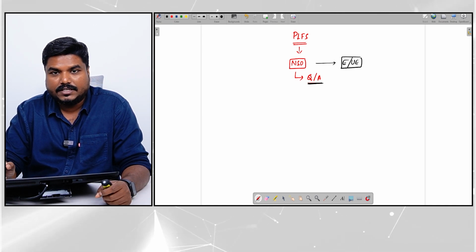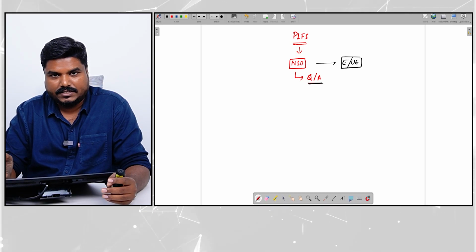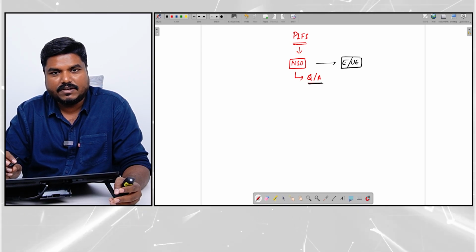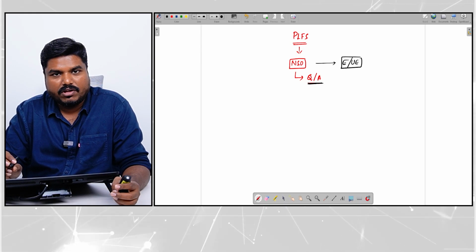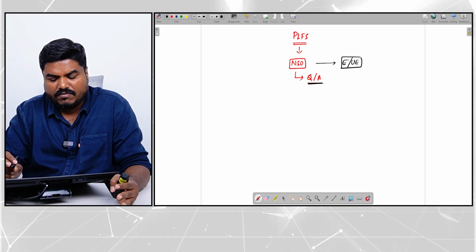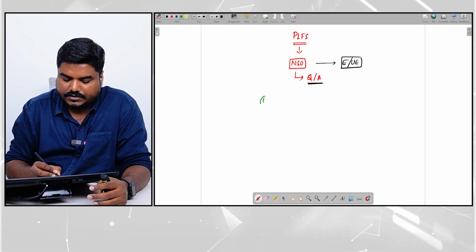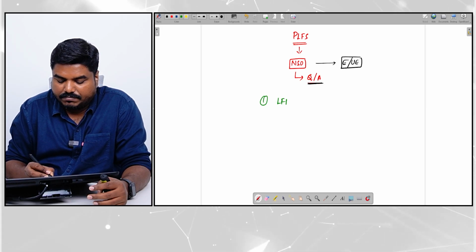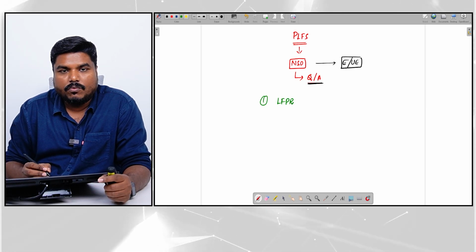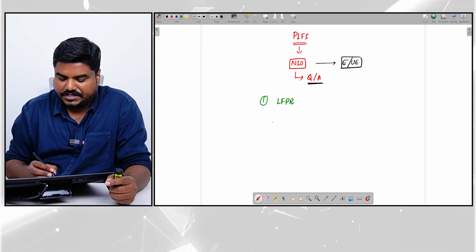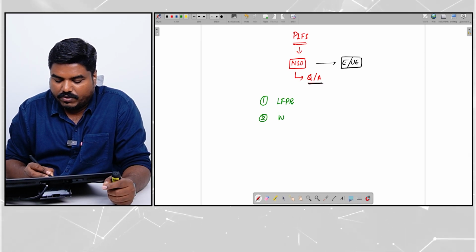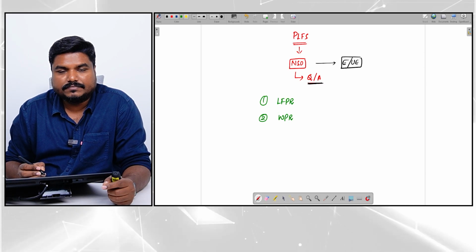So once in every 3 months, on a quarterly basis as well as an annual basis, we will be getting employment and unemployment data. We will be getting this data under 4 important headings. One is labor force participation rate. Next is the worker population ratio.